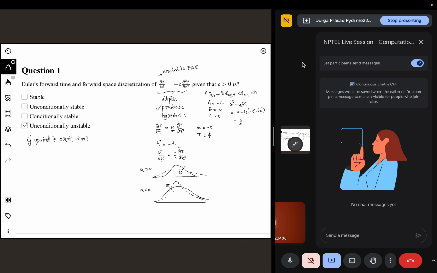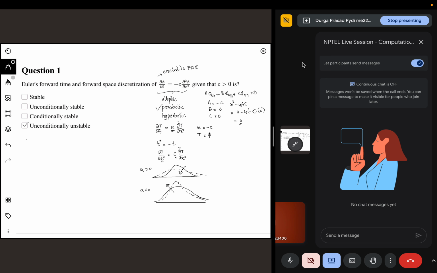For example, for some reason you decided to use an upwind scheme, or any other scheme where you ended up having an artificial diffusion.